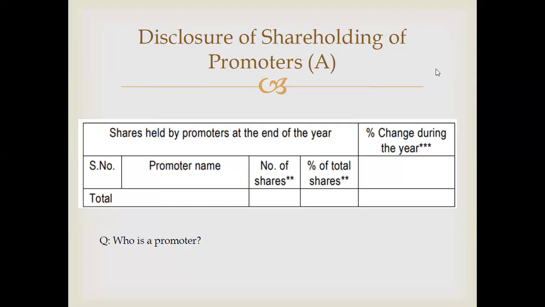Now, can anybody tell me, if I want to take over any company, how much percentage of shares I should have? Suppose tomorrow I want to take over Tata Motors, I want to take over the Taj Hotel. What percentage of shares should I have so that I'll be called the owner? Any guess? Just put it in the chat box.